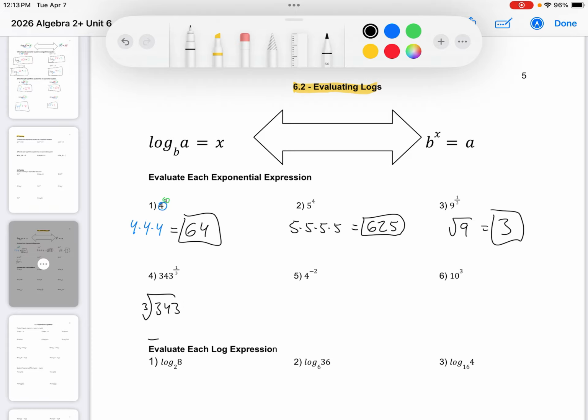So we're looking for something that's being multiplied times itself 3 times to get to 343. And that would be 7. 7 times 7 times 7 is 343. And so the cube root of 343 equals 7.